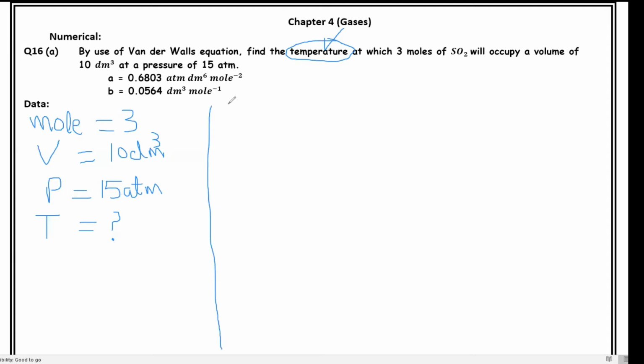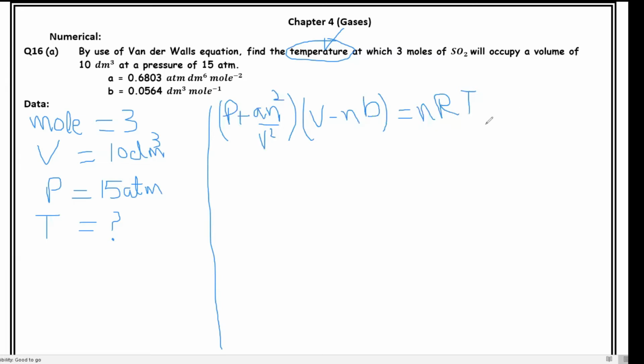The formula is the van der Waals equation: P plus A n square by V square, multiplied with V minus nb, that's equal to nRT. I write the formula, now we apply the values. Pressure, the value of A, moles and volume are given.